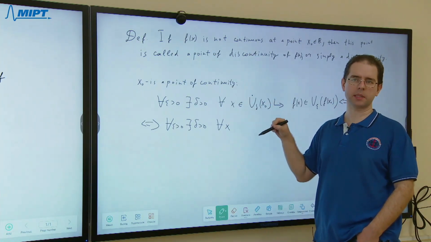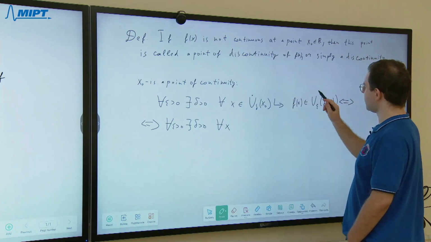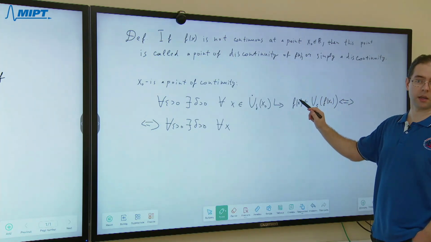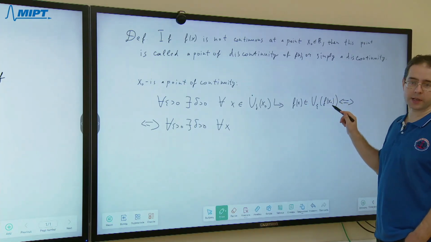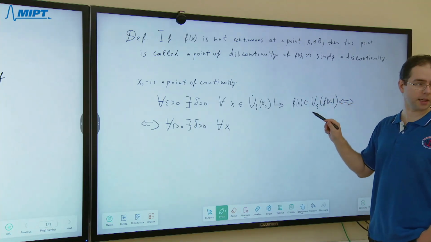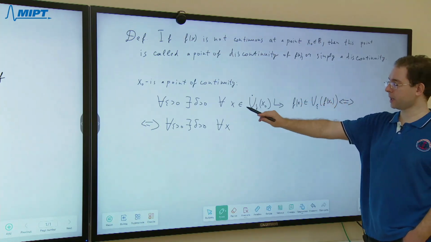But what happens if x equals x0? The exact value of f of x0. Yes. So it definitely lies inside this neighborhood. So this is definitely true if x equals x0.